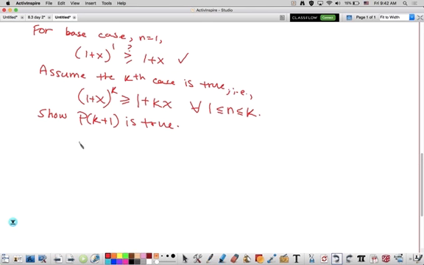P(k+1), so that'd be (1 plus x) to the power of k plus 1. Well, that's equal to (1 plus x) times (1 plus x) to the kth power, which is greater than or equal to, from the inductive hypothesis right here, (1 plus x) times (1 plus kx).